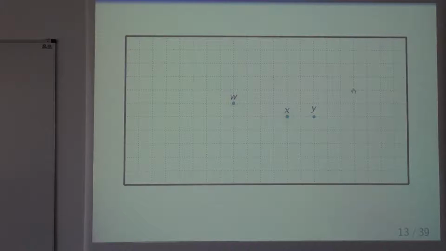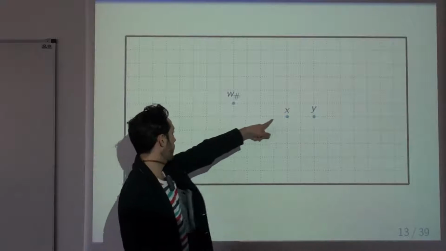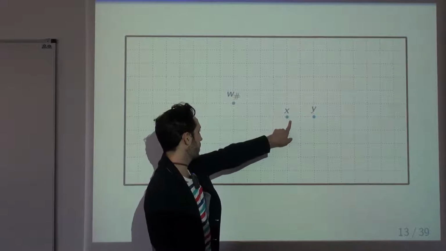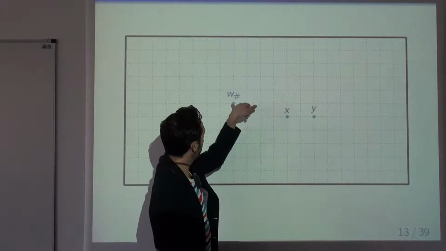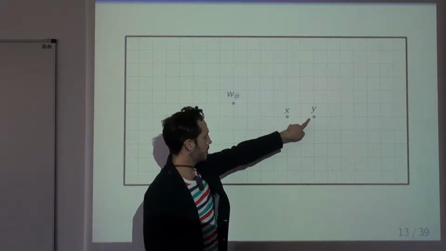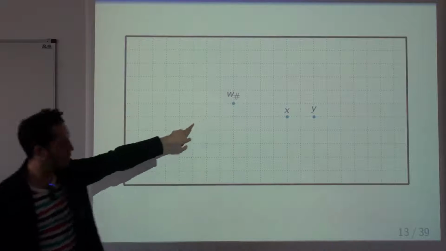But in the case of W, X is the nearest base station to W, but W is not the nearest neighbor of X, because it's Y. So W is going to remain single. He's going to work by itself.